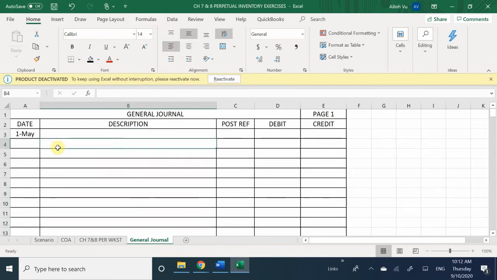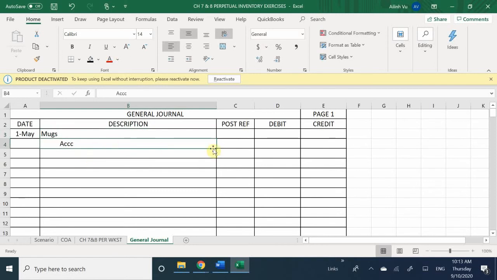It's an asset, and assets are normally what? Debit. Exactly. And are we increasing our inventory or decreasing it? Increasing. Exactly.